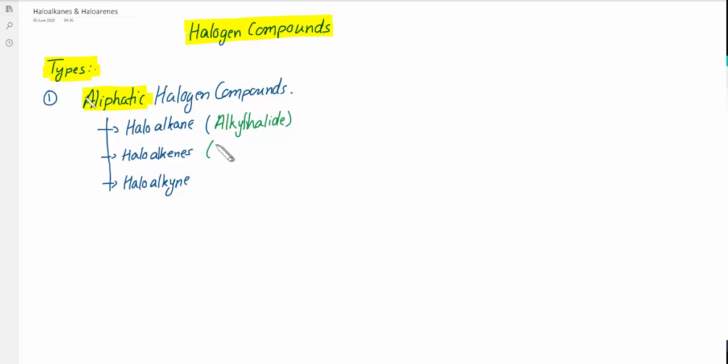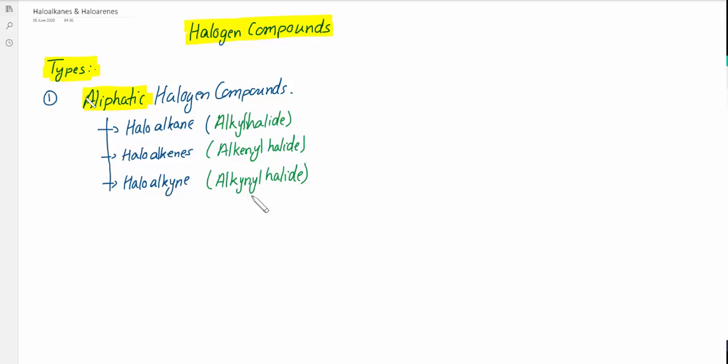Then the haloalkyne will be alkynyl halide. So this is their family name. Right. So now coming to them one by one.